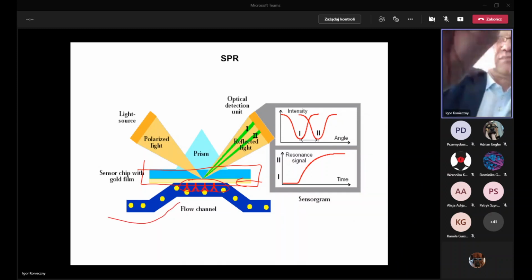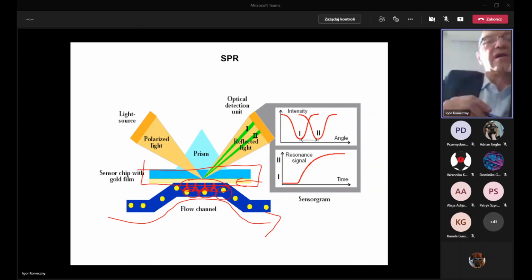So you can pass the buffer and look at the interaction of the proteins. And since there is a flow of buffer, you can see when the proteins or molecules are interacting, what is attached to the sensor, and when the interaction is released, you can also detect it.